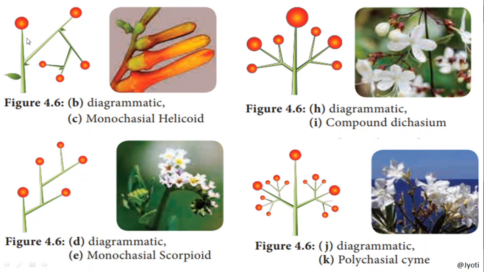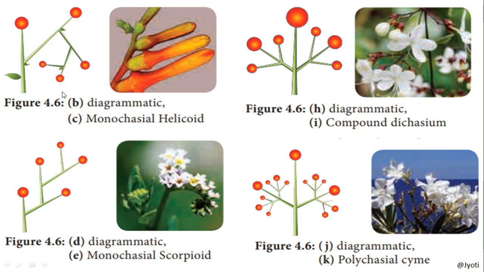So no more growth of this peduncle can take place, and this is the older flower. But at the periphery you can see the younger flowers. It is terminated with a flower, then again another peduncle terminated with a flower, then a branch having a younger, still younger, and then still younger flower. Like this the flowers are arranged, with the older flower at the center and the younger flowers towards the periphery.